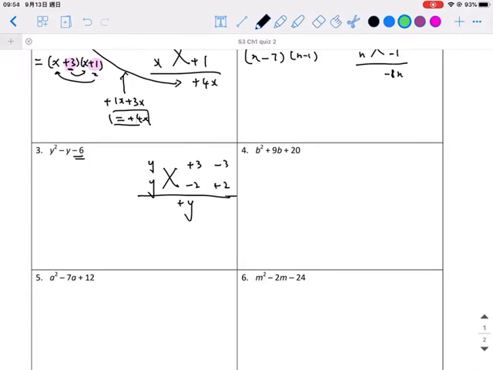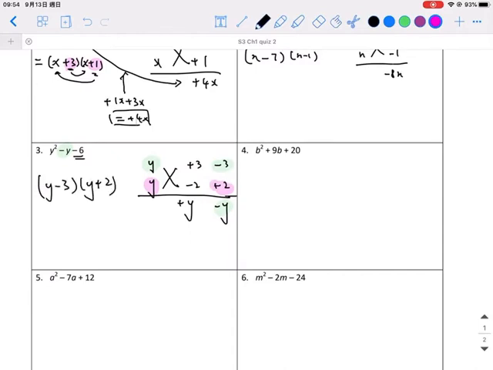How about the second one? It is negative y, so this one matches our second term. Remember to write down the answer horizontally, so it should be y minus 3 and then y plus 2. The answer will be y minus 3 times y plus 2.